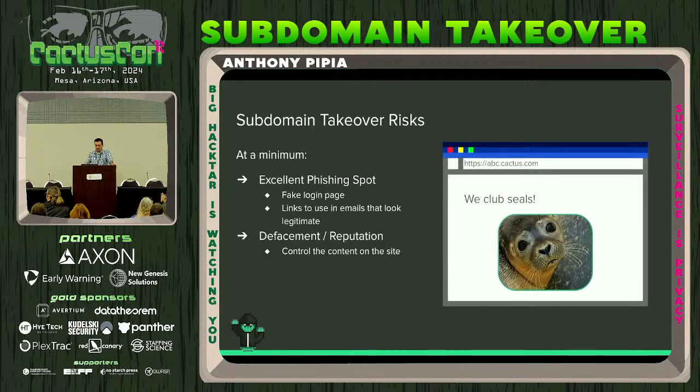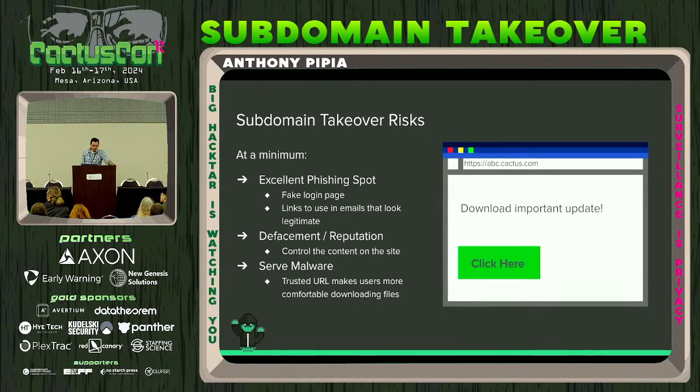The next risk is defacement or reputation issues. If you protect your brand very closely, you may not want a website with your company name and a URL that looks very legitimate to say something that wouldn't look so great for your reputation. The last one is serving malware.